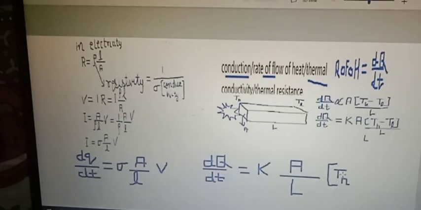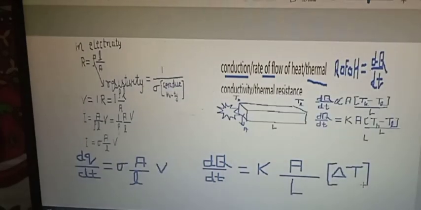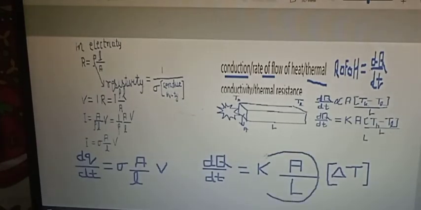times TH minus TL, or we can write delta T, which is the temperature difference. So see how similar these things are.